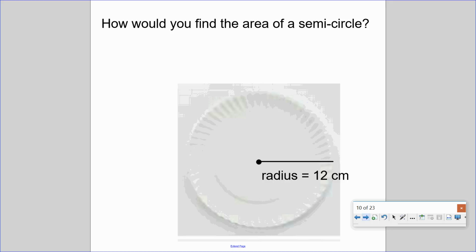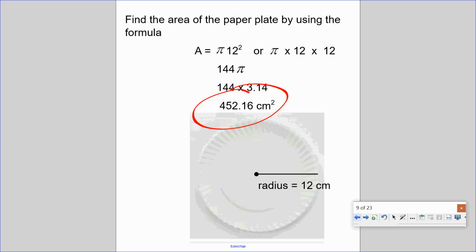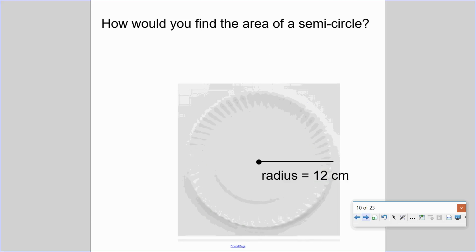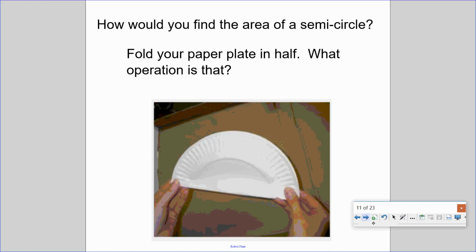So now, that's the area of the paper plate. What if I wanted to find the area of a semicircle? A semicircle is a circle that is folded in half, such as this. So fold your paper plate in half. What operation is that?